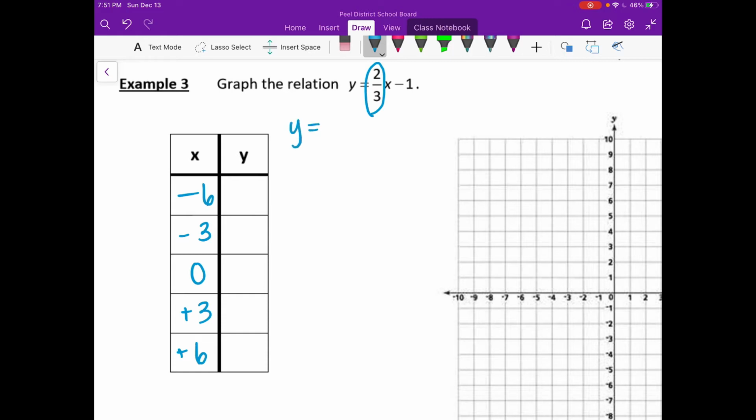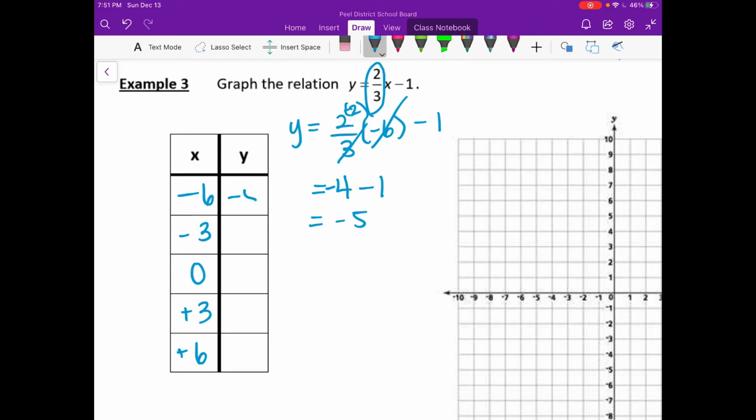So y is equal to 2 over 3 times negative 6 minus 1. Right, this becomes 2 times negative 2. So negative 4 minus 1 because it's negative 2. So negative 4 minus 1 is going to give me negative 5.